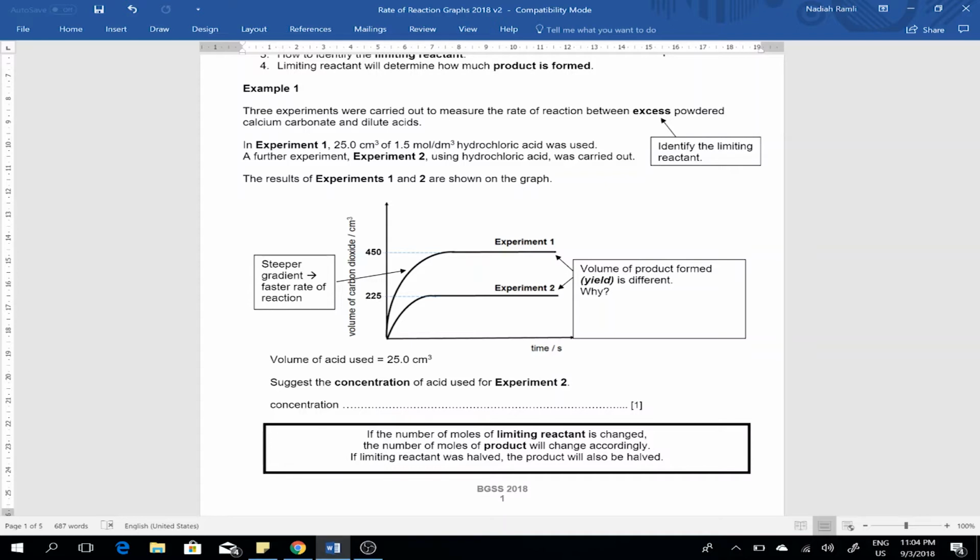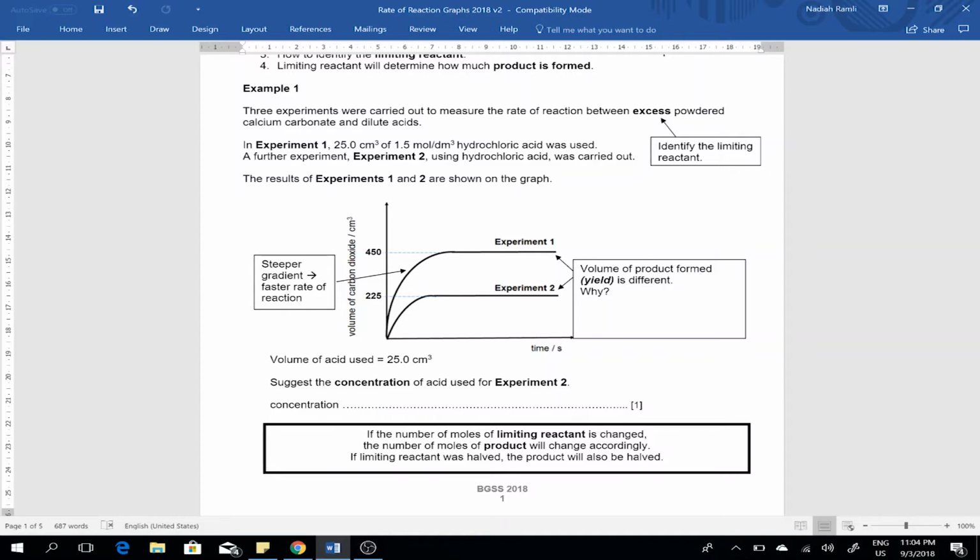The results of experiment 1 and 2 are shown on the graph. Okay, so in experiment 2, the concentration was not stated, so that's why the question is asking for the concentration used.